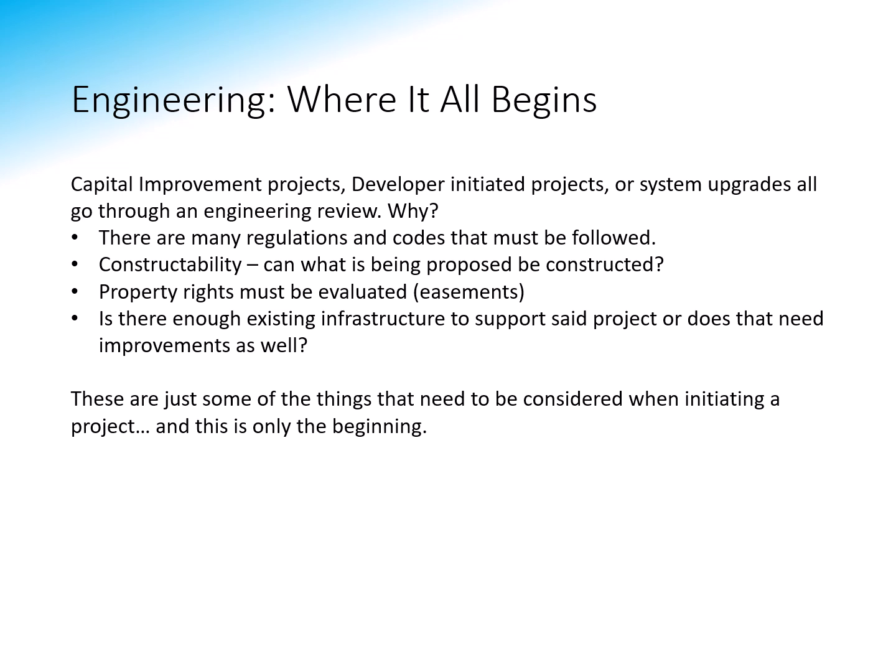So anytime a developer or a capital improvement project or you're making any kind of upgrades to your system, it all starts in the engineering department, right? They typically have the most accurate records as to what is in the ground, what has been in the ground. And then typically a developer, or even at an agency, you're hiring somebody who's going to put together the plans, and then you're going to plan check those.